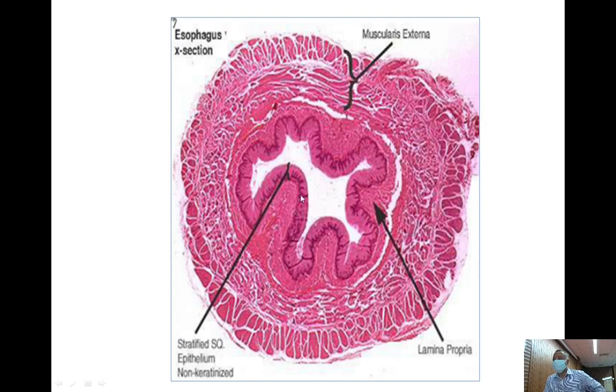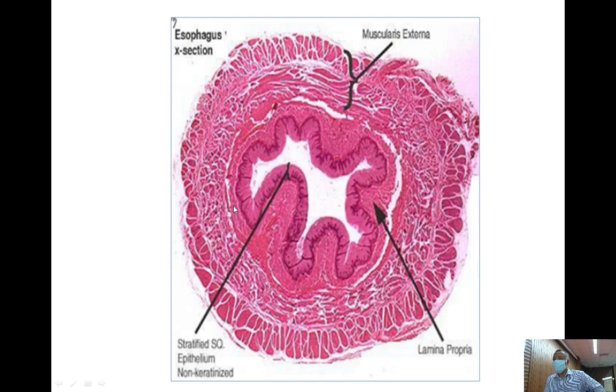See here, this is our mucosa. This is the lining epithelium, non-keratinized stratified squamous. Then we have the lamina propria made up of connective tissue. Lymphatic follicles may be present. Then outer to that, this thin layer is the muscularis interna, or muscularis mucosae. Then outer to that is the muscularis externa.